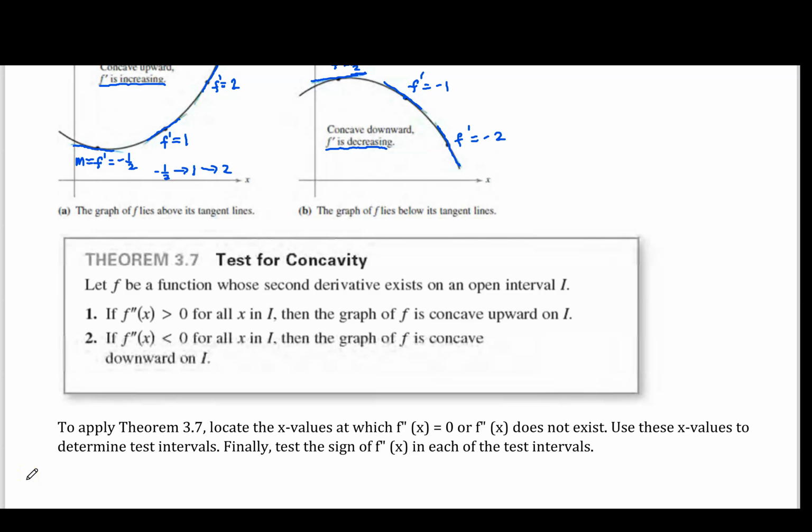Now, as I've mentioned a while ago, if we have a function that is concave upward, f prime of x is increasing. So when you say f prime of x is increasing, meaning its slope, its derivative, is greater than 0 at that point. So it's positive.